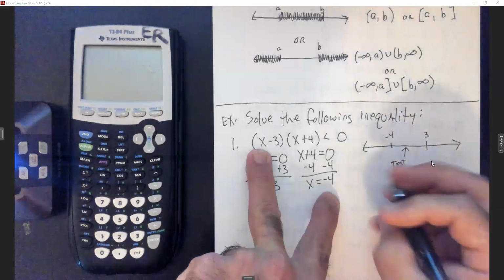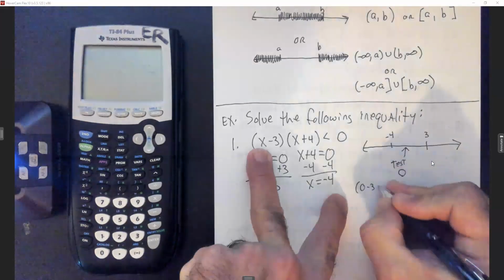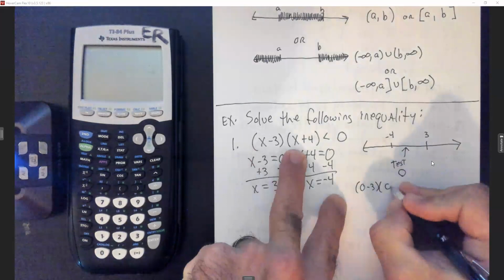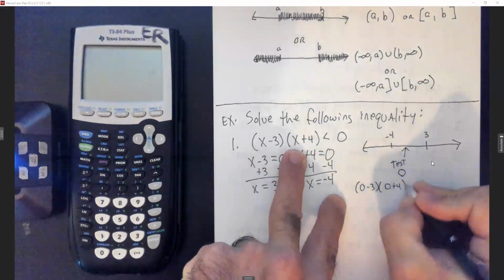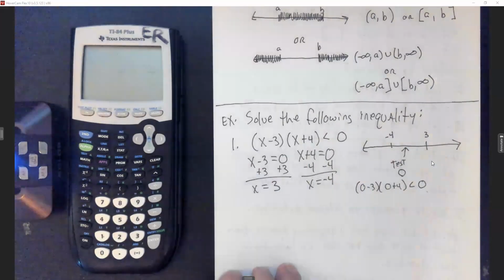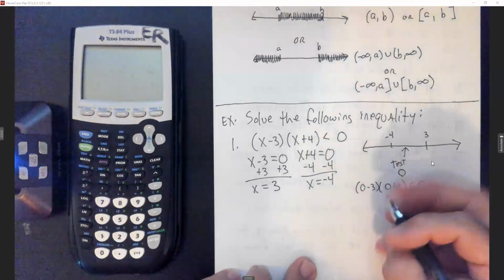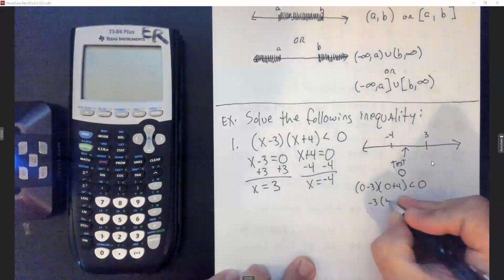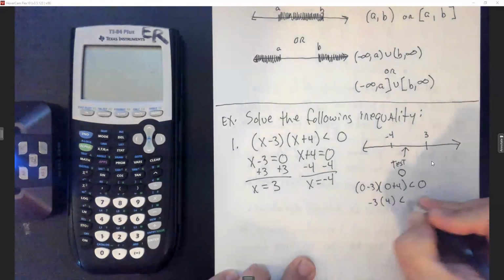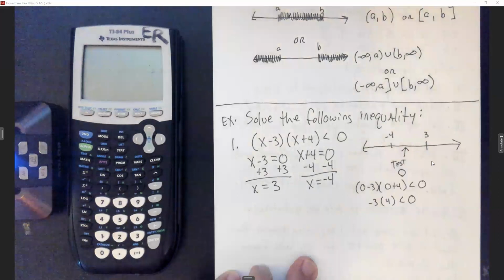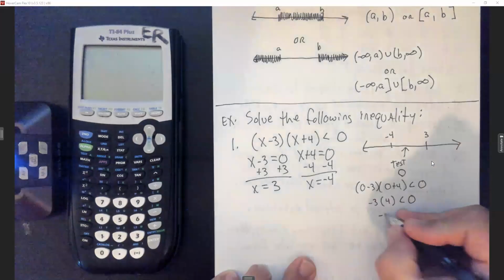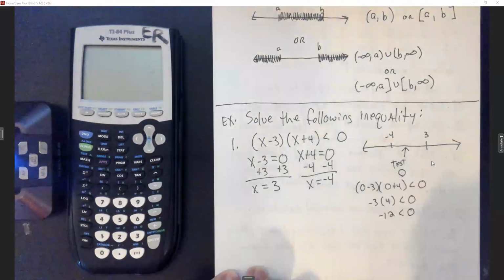I would do 0 minus 3 times 0 plus 4 has to be less than 0. So let's see what we get. This gives me a negative 3 times a positive 4 has to be less than 0. And when you multiply negative 3 times 4, you get a negative 12 less than 0.